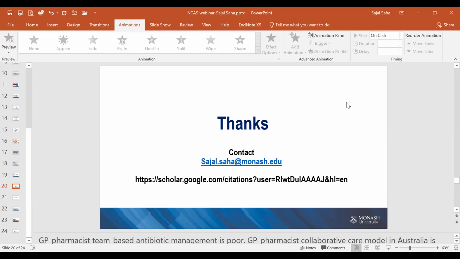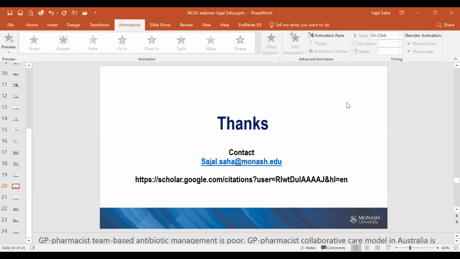We know what support we need, but our plan is to introduce this model to the stakeholders and AMS experts to get their views on how we can operationalize this model in future, what works and what not, and what should be the content, activities and checklist if we want to run this GP pharmacist collaborative model in promoting AMS.